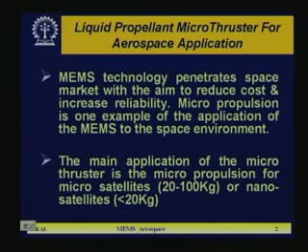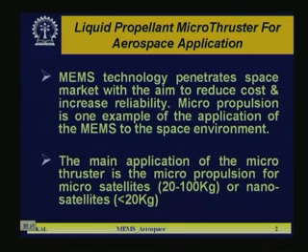One interesting area in the space market today is to reduce cost and increase reliability. Micro propulsion is one example of the application of MEMS to the space environment, so my focus today is the micro propulsion system.